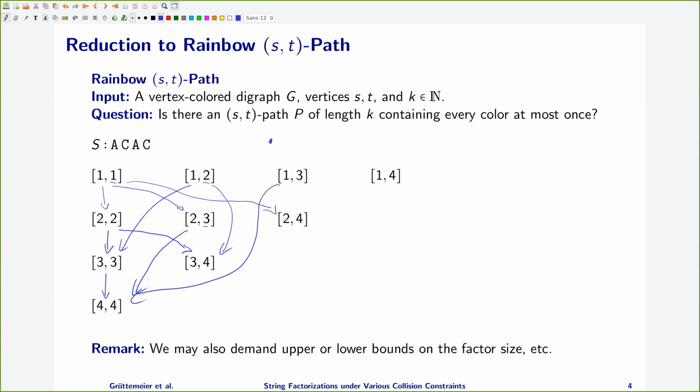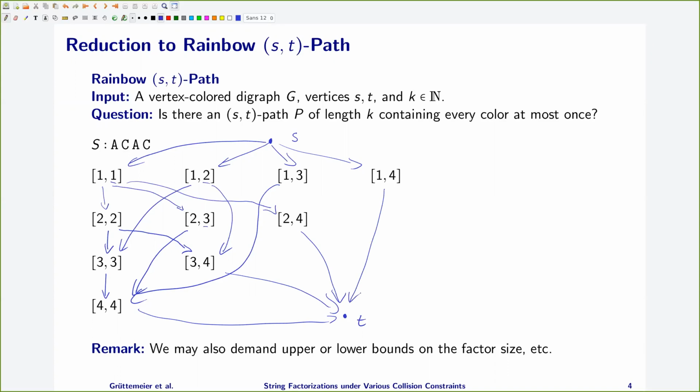Then we add the special vertex S and the special vertex T, and S gets an edge to all the factors that start in position 1, and T gets an edge from all the factors that end at the last position of the string.